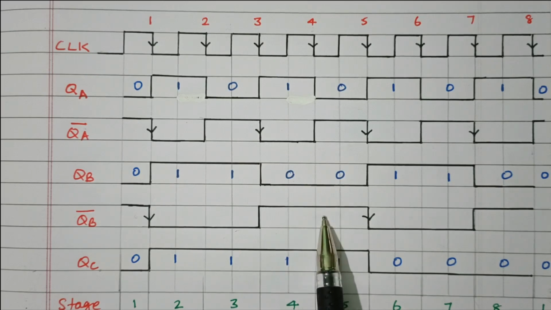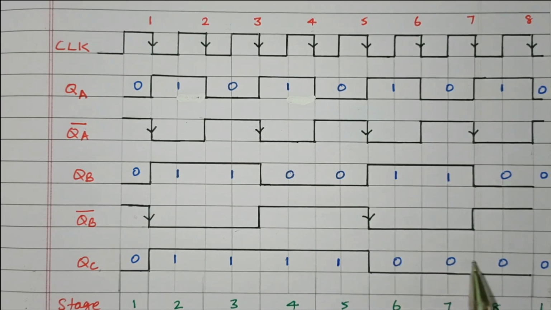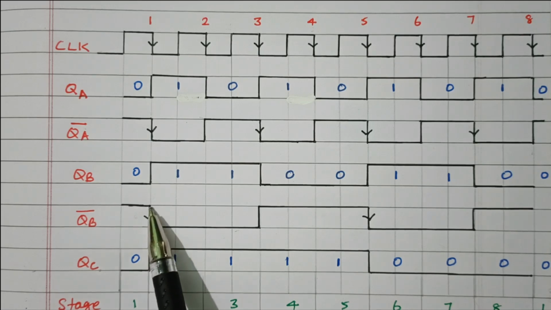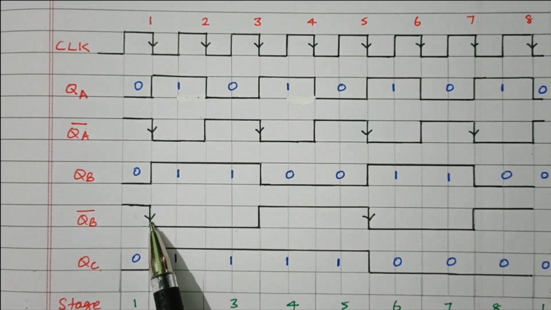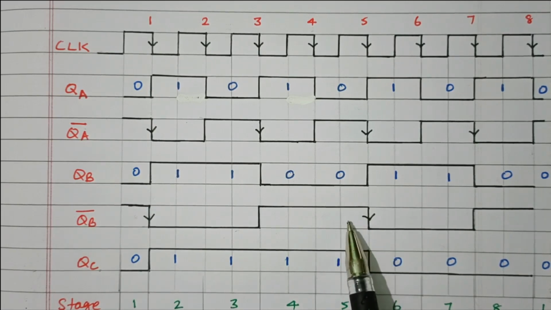Here 1, so due to 1, again the flip-flop toggles from 1 to 0. Here 0, no change. Here 1, so the next stage will toggle. So during this negative edge, at this position, 1 to 0 toggles. At this position, 1 to 0 again toggles, right? So we got this output.